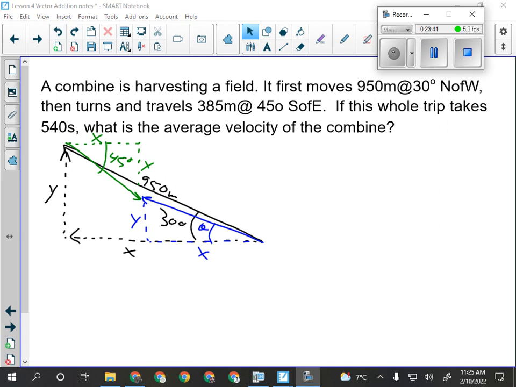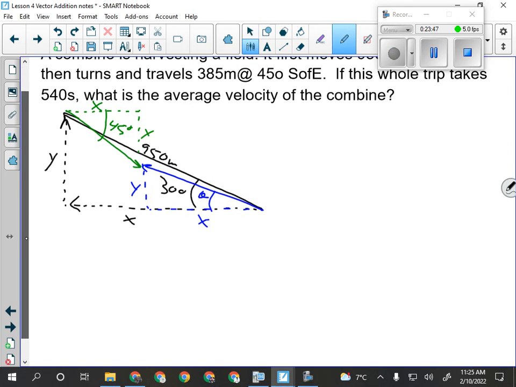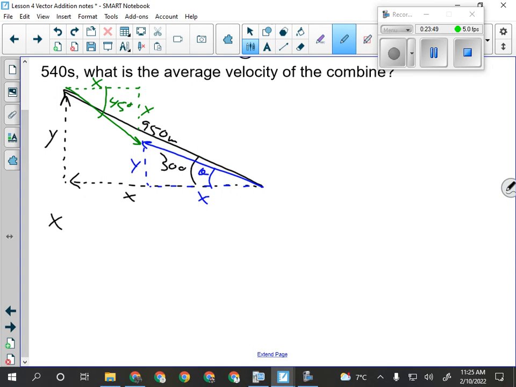Okay, so now that we've got our busy diagram all drawn here, we got to find all the x's and all the y's. So we're going to go x, black x, that is the cos of 30 times 950.